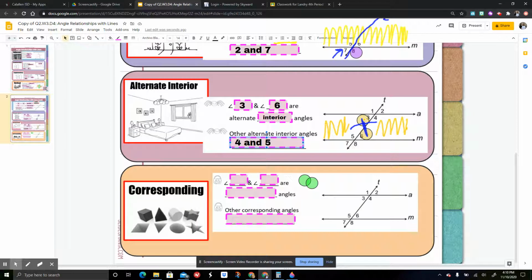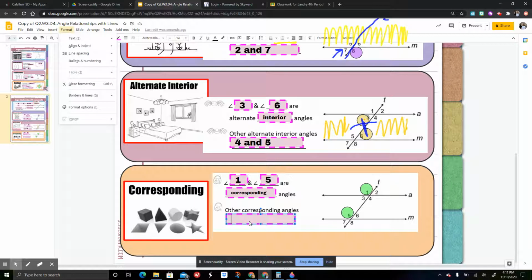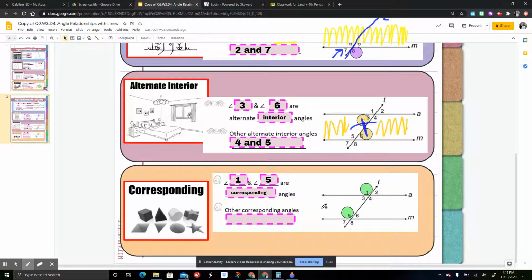Corresponding angles. Angle 1 and angle 5 are corresponding angles. So what corresponding means is that in relation to their parallel line and the transversal, they are in the same place.